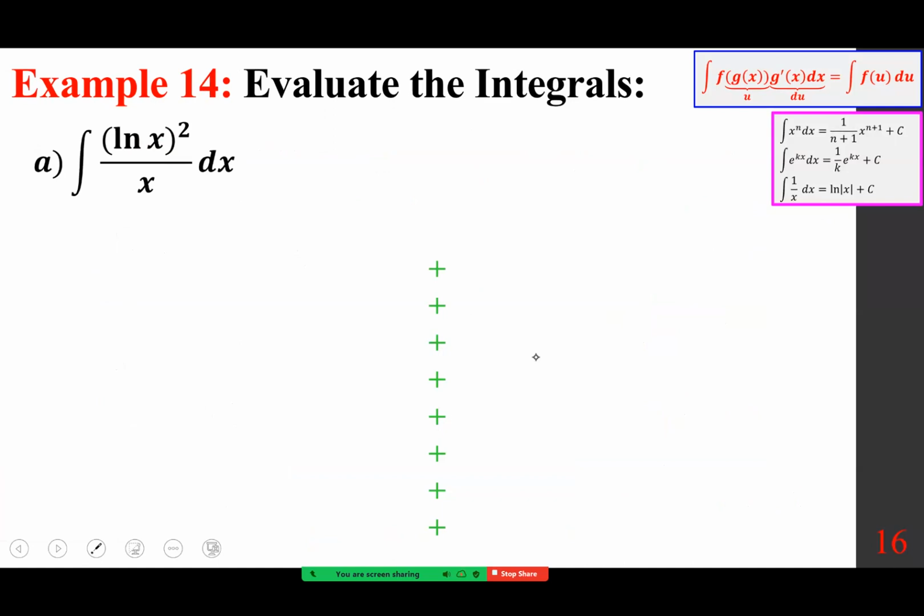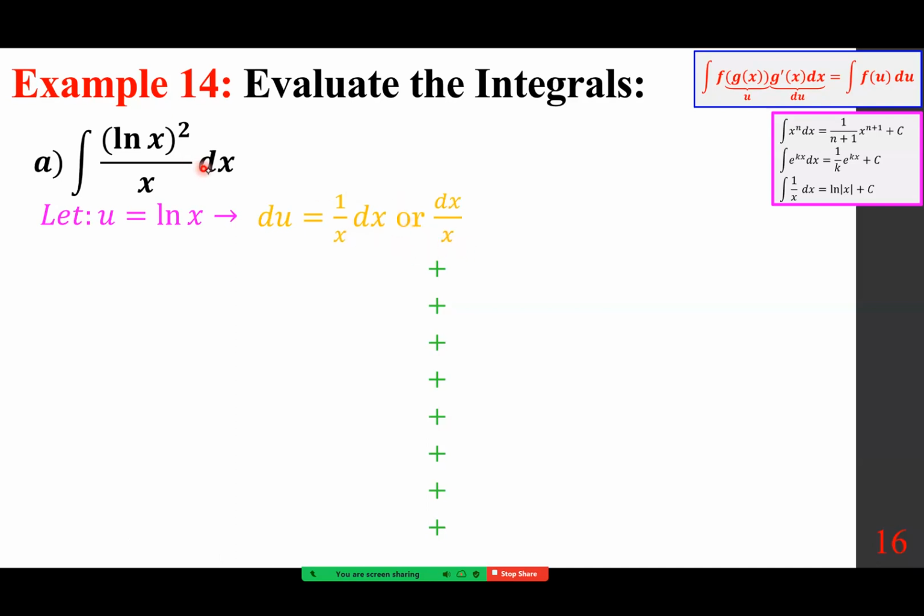What happens when you're dealing with ln x? After simplification and everything, ln x is the choice of u, and the derivative of that is 1 over x. Therefore, du is 1 over x dx, or dx over x. And again, on purpose, I write both because I want you to see they're the same.